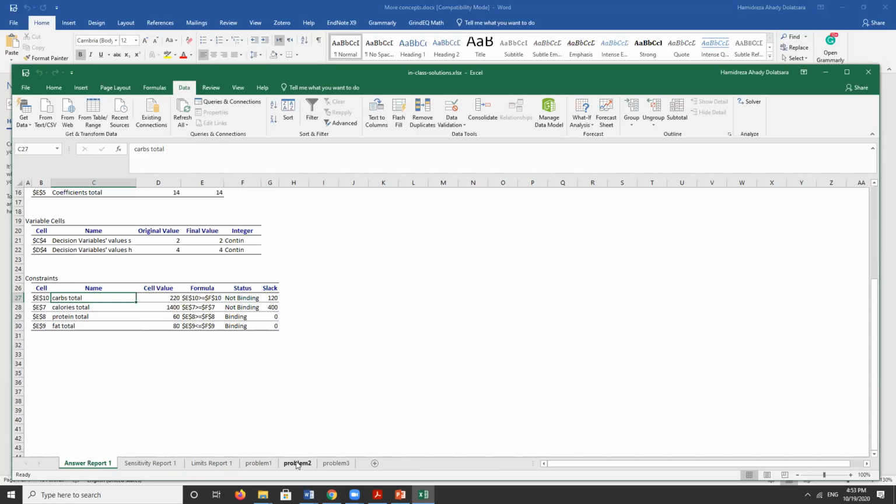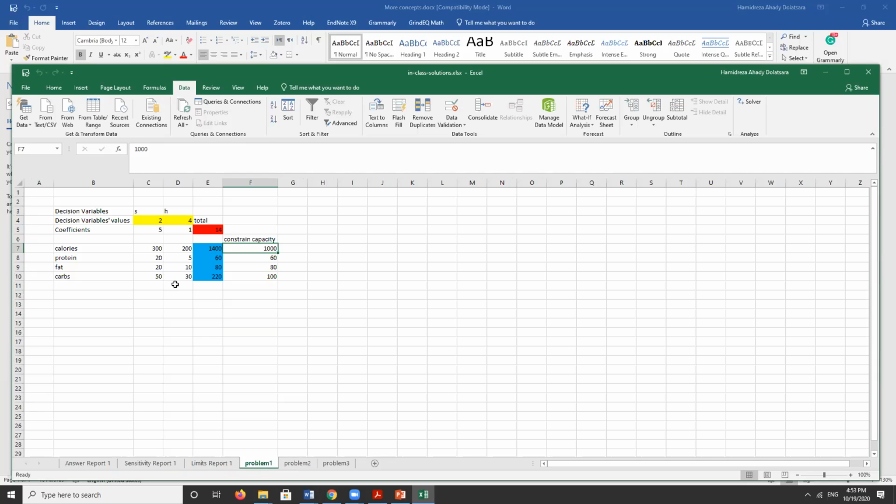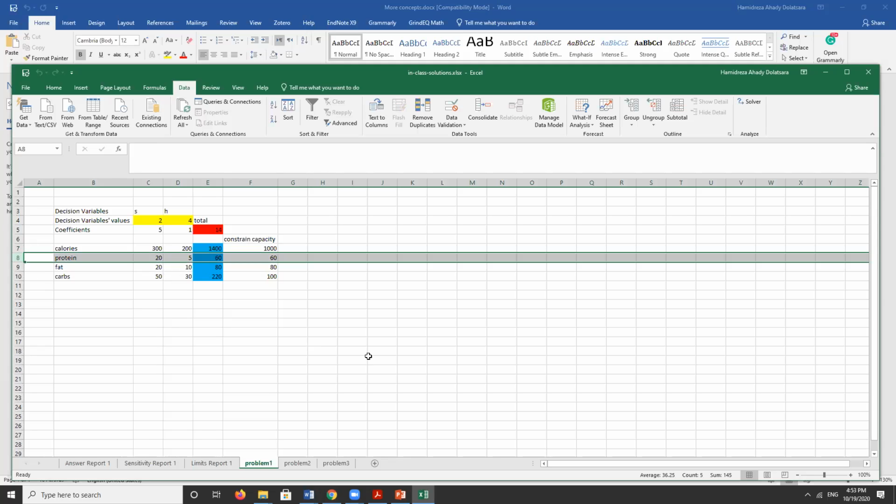Let's check protein and fat. So for protein, 2 times 20. Can anyone tell me whether the protein constraint is binding or not binding? The right hand side is 60.